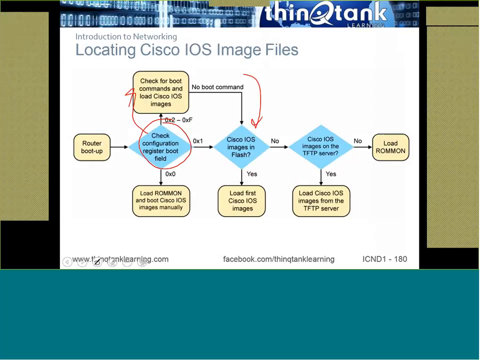The very first one that shows up, based on the name. When you do a dir flash, whichever image shows up first, that's the one it's going to load. Usually we don't try to keep more than one image in our flash anyway. So that's what they mean by load the first image. I load literally the first image that shows up in the list.